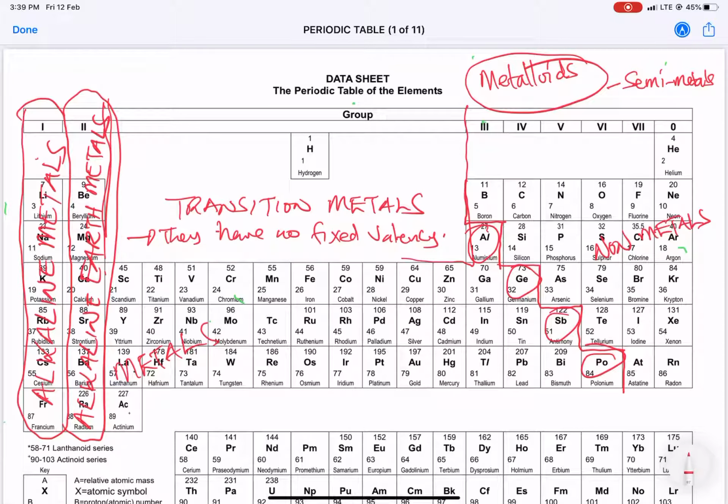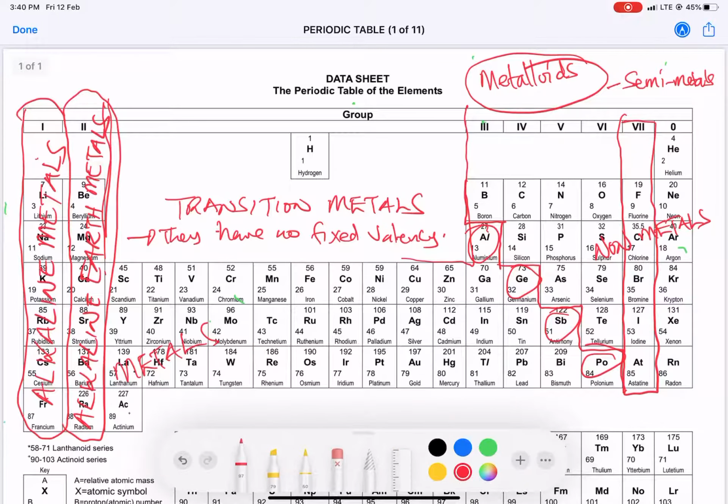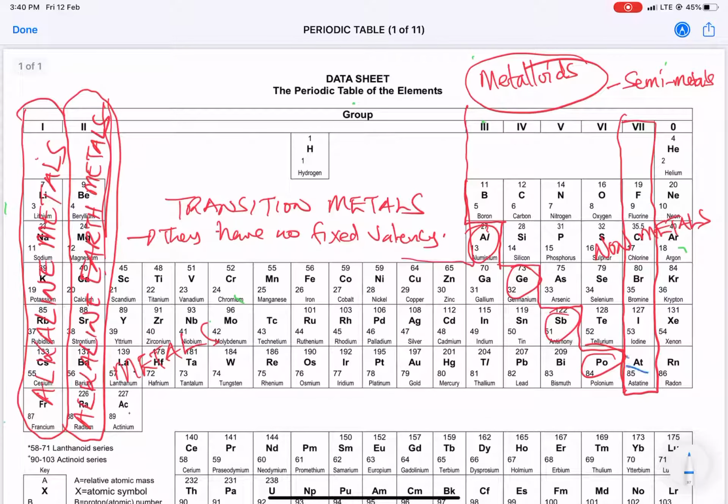Another special group to know is group 7. Group 7 elements are called halogens, or salt producers.